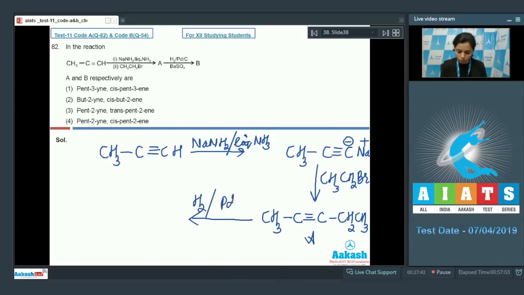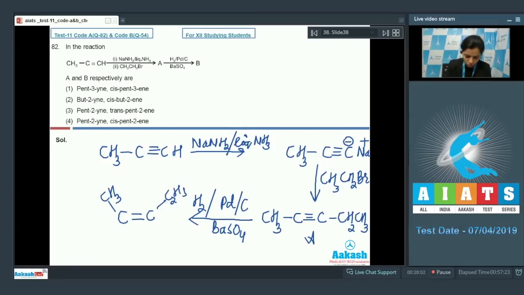Hydrogenation you are going to do with palladium on carbon followed by barium sulfate. So here is the formation of the product. This is controlled hydrogenation, and that results in the formation of the cis product. This is B.